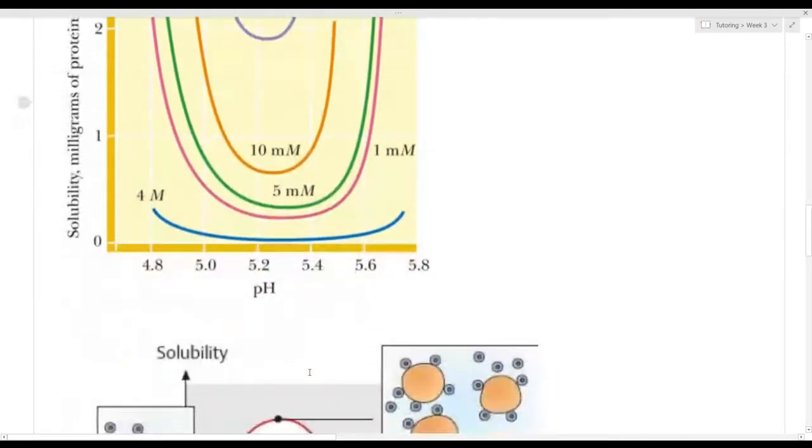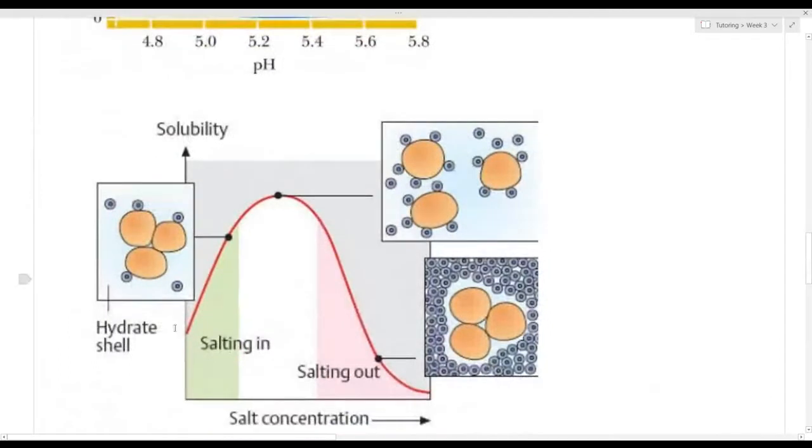Coming to this graph, because I think it's a really good way to show it. Salting in is this green phase where you have these small circles. Those are your salts, and the orange is the protein. You're seeing the salt interact with the protein just a little bit.